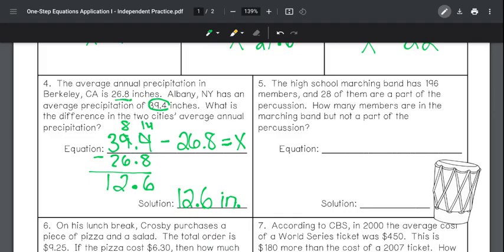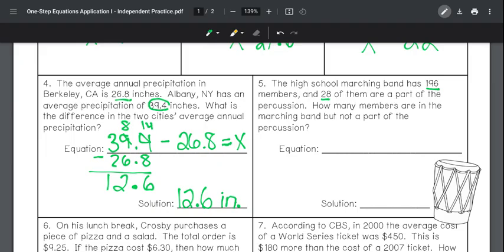Number 5, the high school marching band has 196 members, and 28 of them are a part of percussion. How many members are in the marching band but not a part of percussion? So right now we have our total number of band members. We know how many are part of percussion, so we want to know our unknown value, which is how many people are not a part of the percussion section.